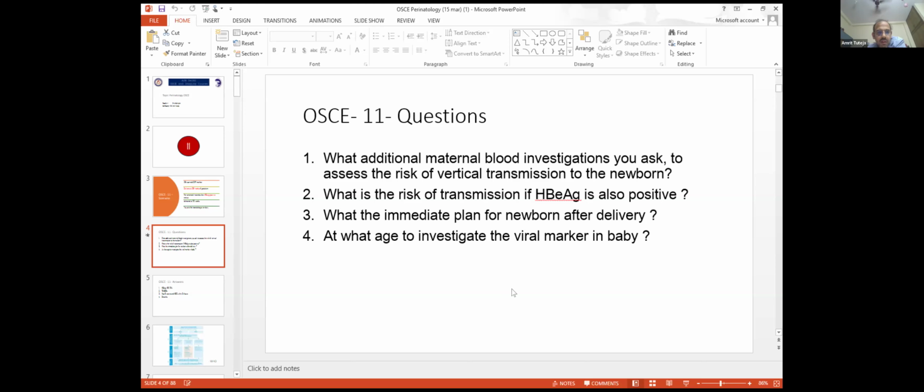Is the slideshow coming or is the full screen coming? Only the slides are coming. The slideshow is not visible. Oh. Just 1 second.